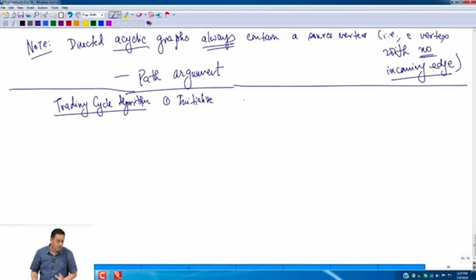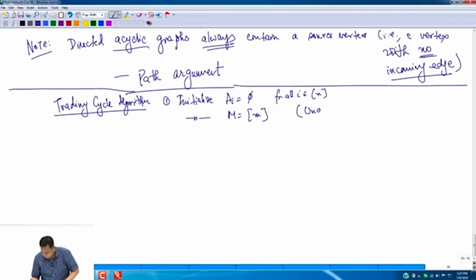So let me just spell it out. What I'm going to do now is pretty much what we have discussed so far. I'll write down the entire pseudocode for completeness, so it's there in black and white. I start with the empty partial allocation, everyone gets nothing, and I keep track of the goods that are unassigned.